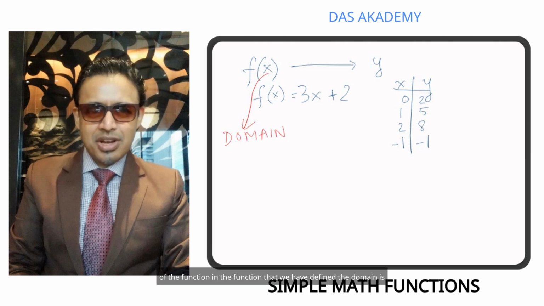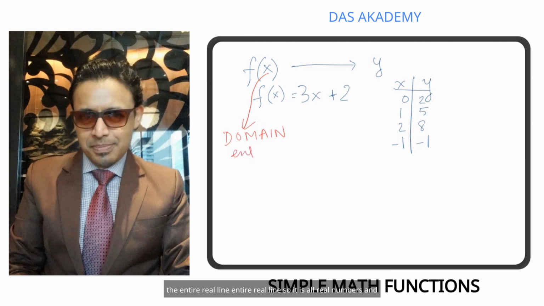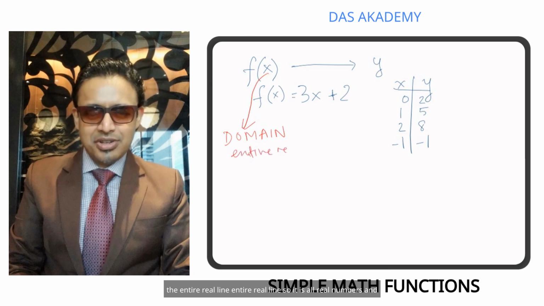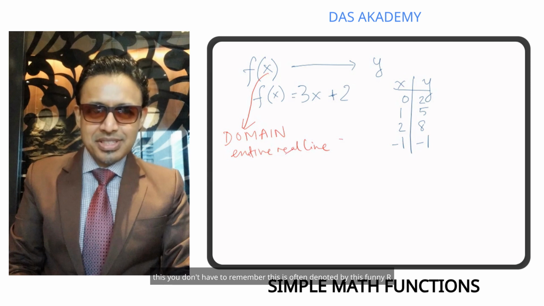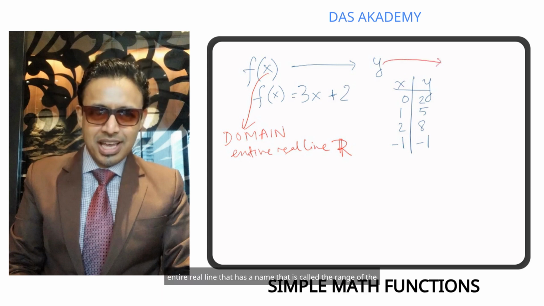In the function that we have defined, the domain is the entire real line. So it is all real numbers, and this, you don't have to remember this, is often denoted by this funny R. That is the entire real line. And the y values it creates are also the entire real line.